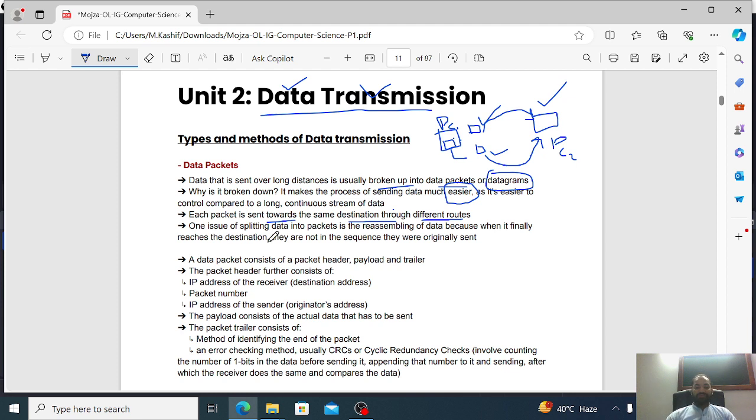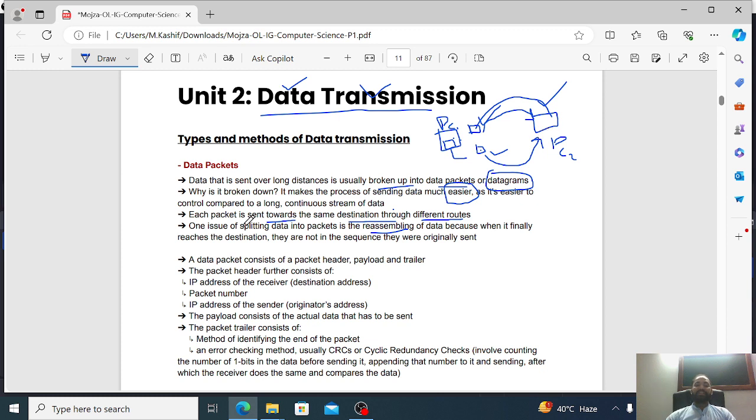One issue of splitting data into packets is reassembling of data. So what is the main issue? If one data packet is transferring from this route and another packet is transferring from that route, how can we assemble these packets into a file when they reach the destination device? This is a big question.